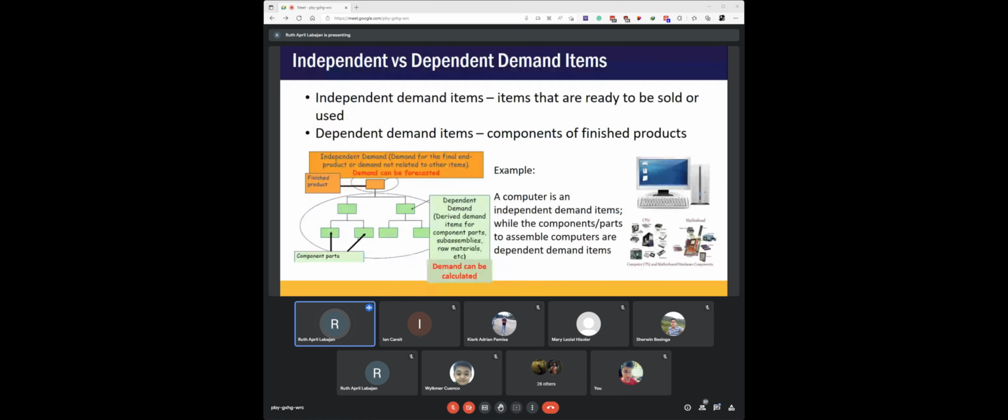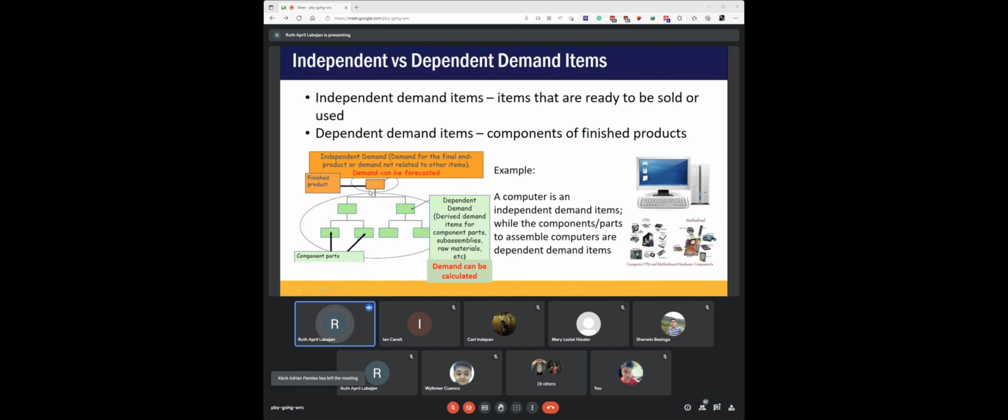Okay, now the inventory can actually be classified into independent and dependent items. Okay, when we say independent items, these are actually items that are ready to be sold or used. Meaning to say, these are already finished items.